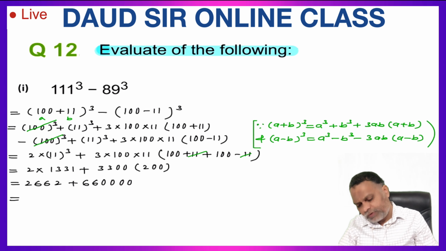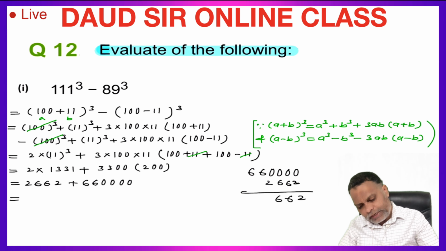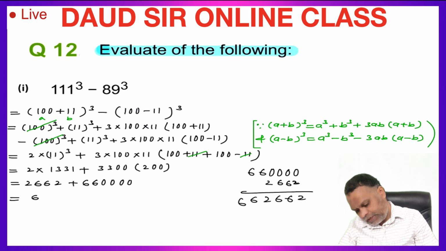Both are positive, so add them. 6,62,662.